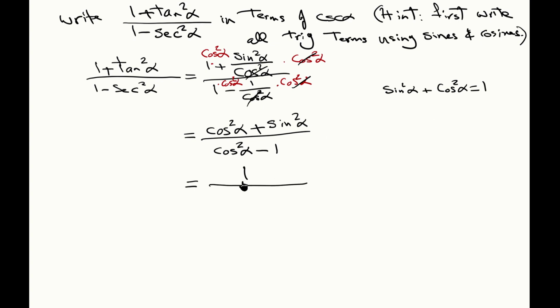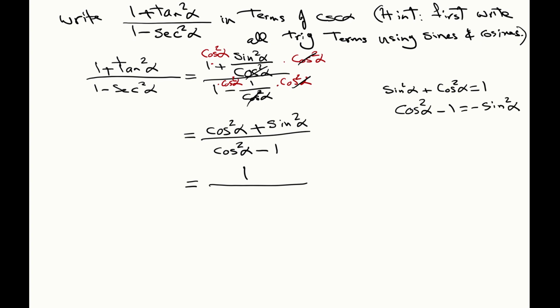Now we also notice there's cosine squared alpha minus 1. So if we just take this equation that we have here and move the 1 to the left side and the sine squared of alpha to the right side, we'll end up with cosine squared alpha minus 1 equals negative sine squared alpha.